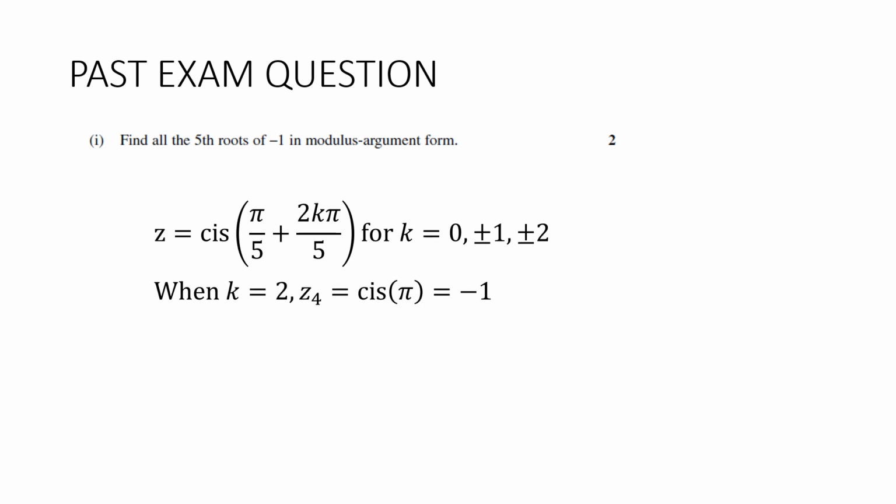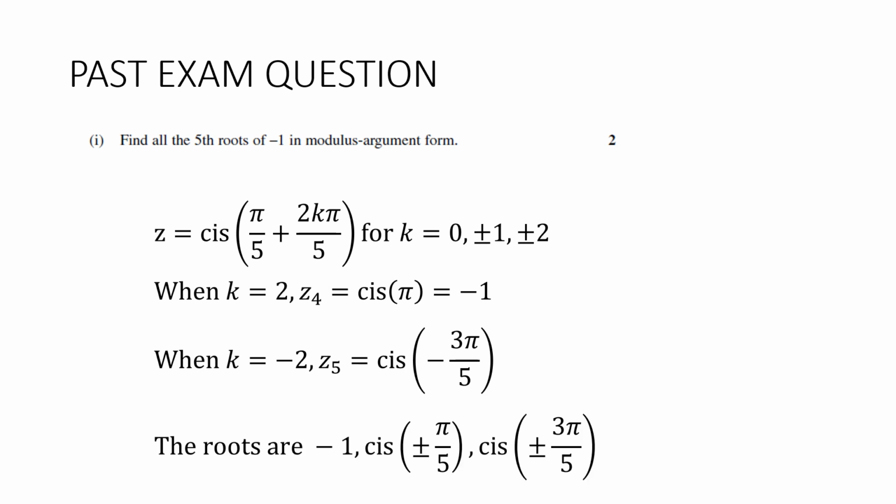When k is equal to 2, the fourth root is cis pi, which is negative 1. And when k is equal to negative 2, the fifth root is cis negative 3 pi on 5. And so our roots are negative 1, cis plus or minus pi on 5, cis plus or minus 3 pi on 5. And you can see how the roots are occurring in conjugate pairs.